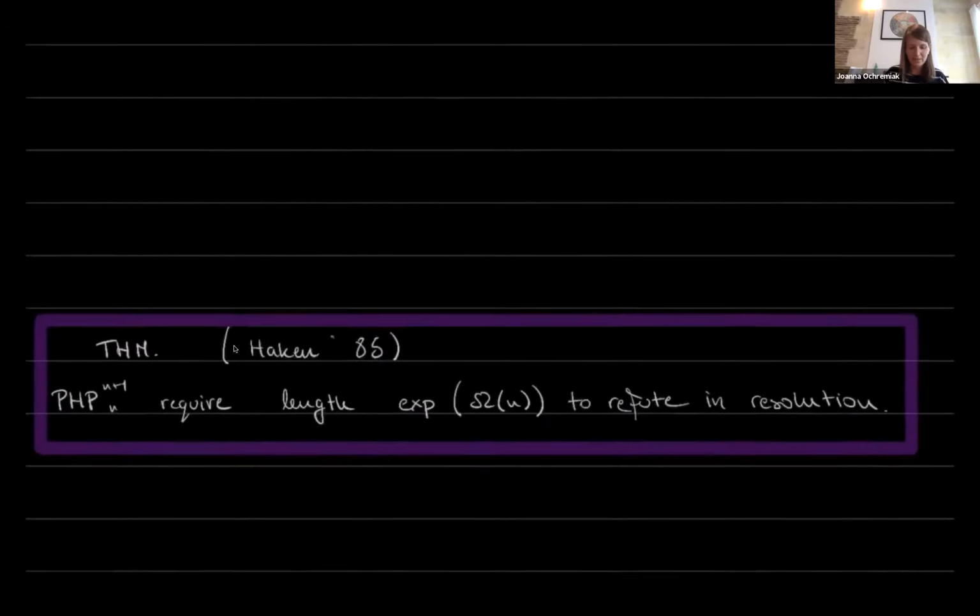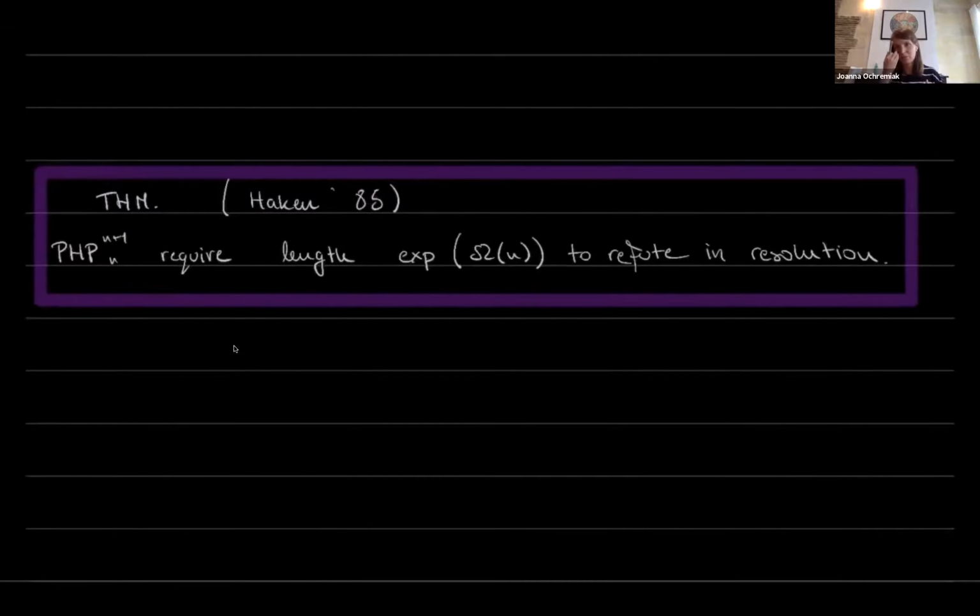And Haken in '85, which is sometimes considered the first modern proof complexity theorem, showed that if you have n+1 pigeons and n holes, and you have this class of Boolean formulas, then refuting them in resolution requires a length which is exponential in the number of variables, actually in the number of pigeons, but also in the number of variables here.